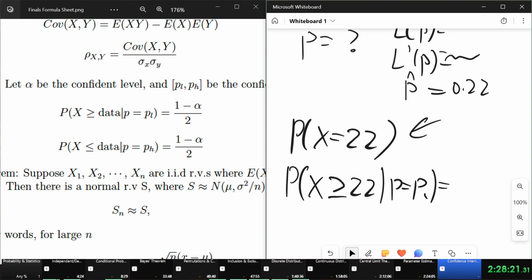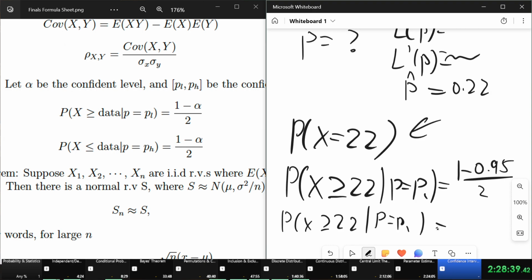And if we have a 95% confidence interval, it's 1 minus alpha. Alpha is 95%, which is 0.95. This evaluates to 0.025.